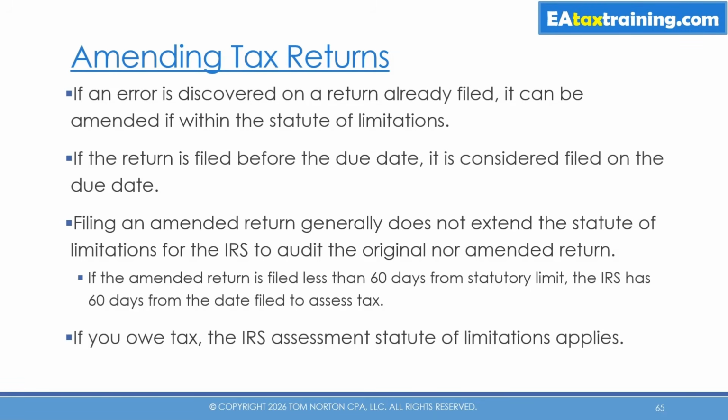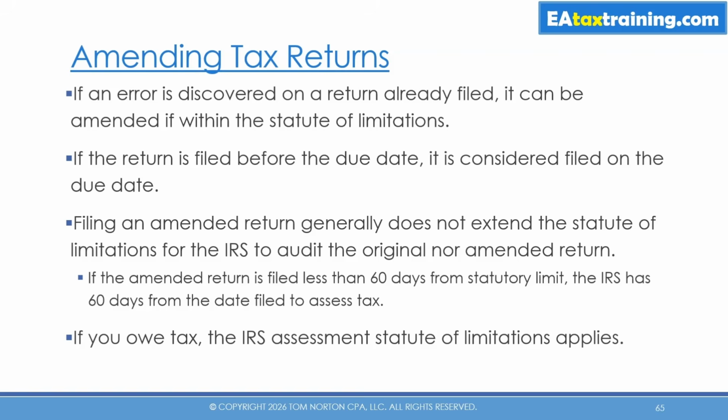Let's say you filed your 2022 tax return on the due date, which was April 18th of 2023. You've got 3 years from April 18th of 2023 in order to amend that tax return. So let's say you amend it in January of 2026. How long does the IRS have to audit that 2022 tax return?